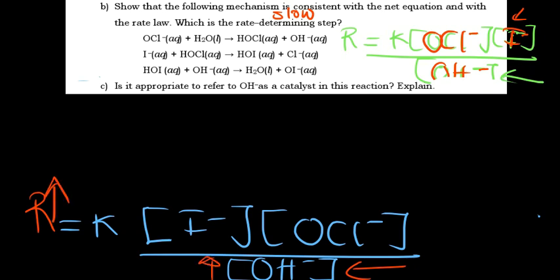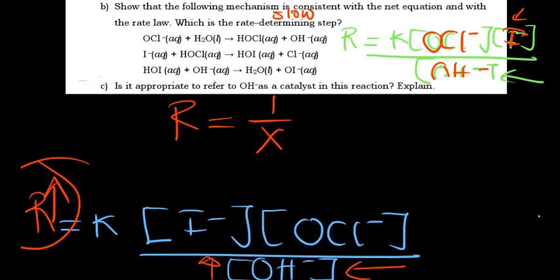If you increase hydroxide, it means the value there will reduce. It's like if you've got R being equal to 1 over X. If X becomes 100, it means that value will reduce. If it becomes less, R will increase. So it is not a catalyst because it doesn't speed up the rate of the reaction. Instead, it slows it down. So we can call it an inhibitor instead of a catalyst.